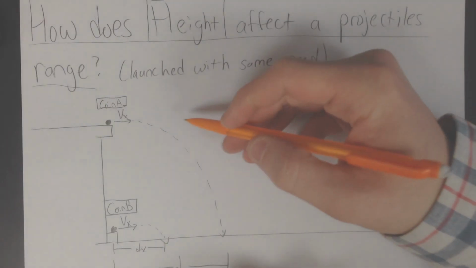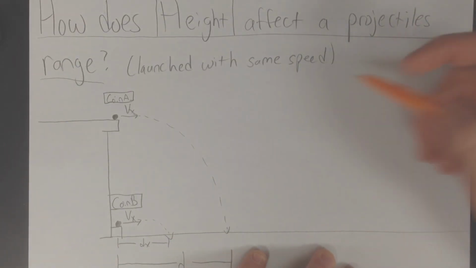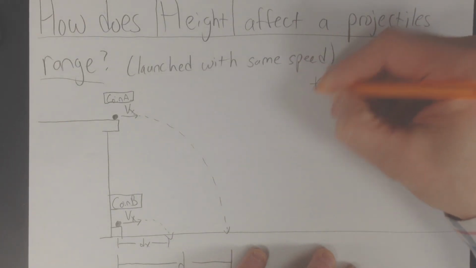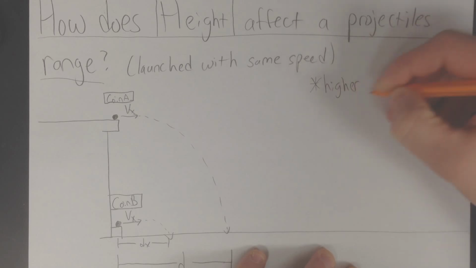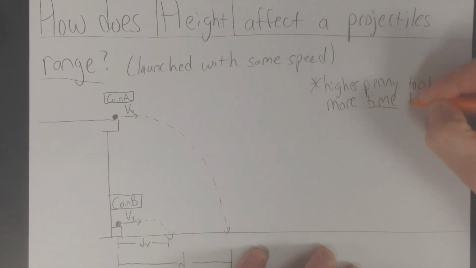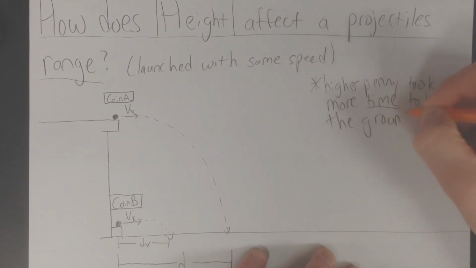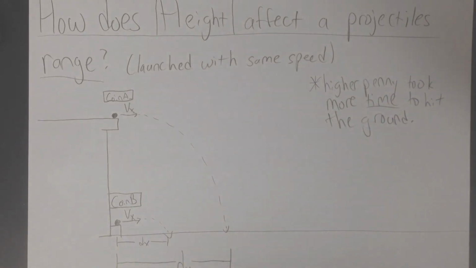Well, something dropped from very high versus very close to the ground. The higher one, let's kind of write that. The higher penny took more time to hit the ground. Right? The higher you drop it from, the more time it would take to hit the ground.